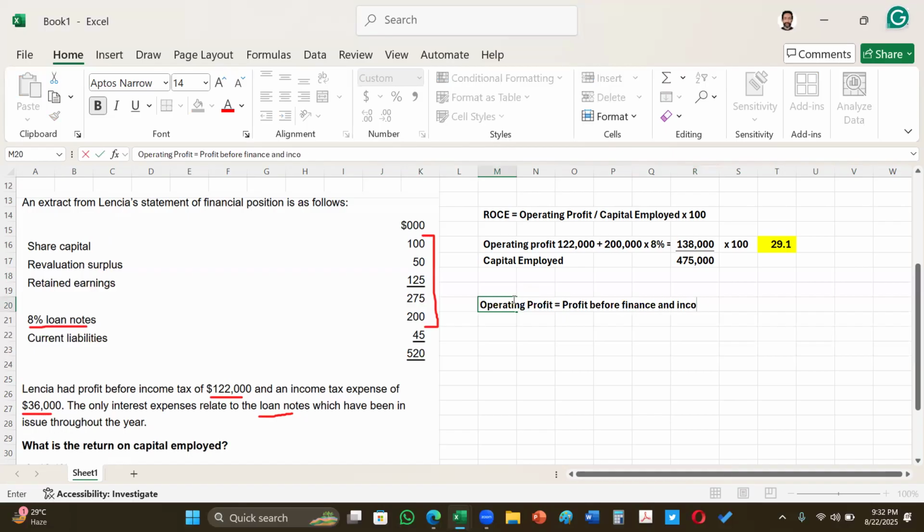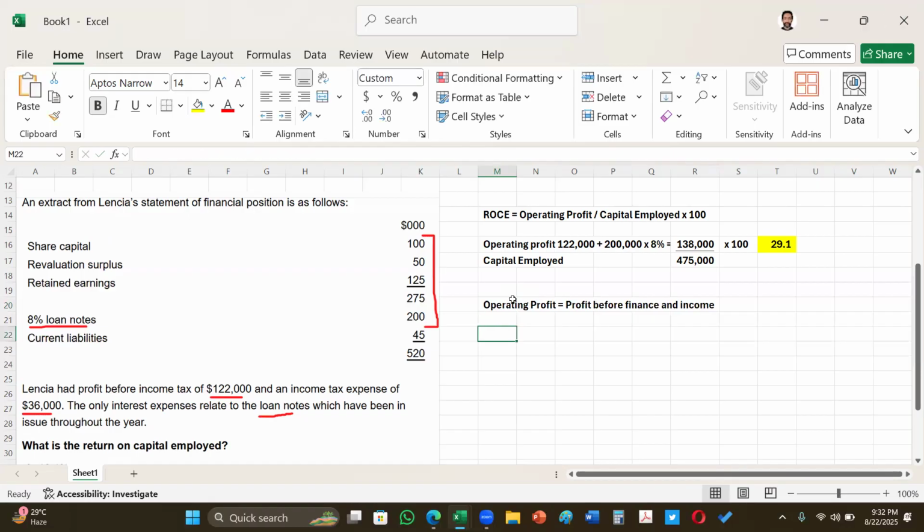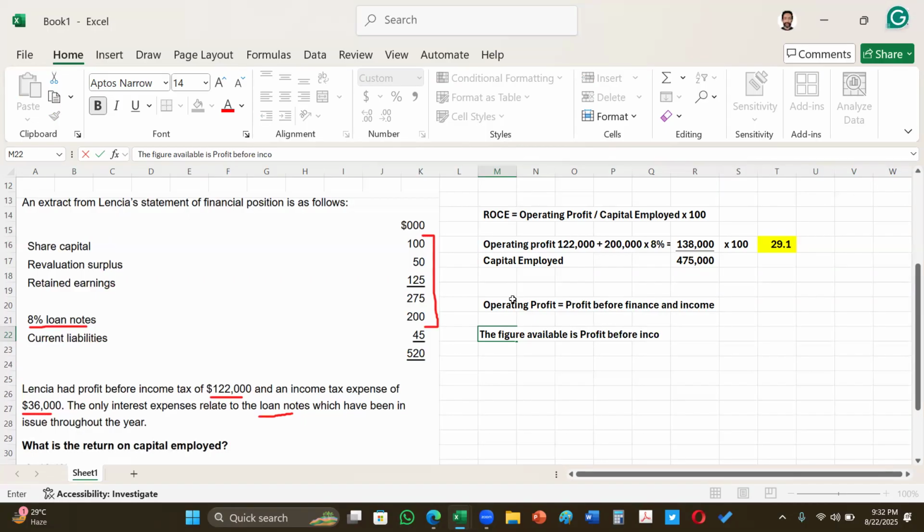The figure that is provided in the question is profit before income tax expense.